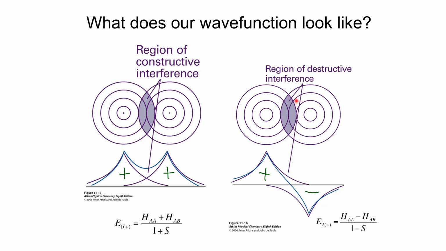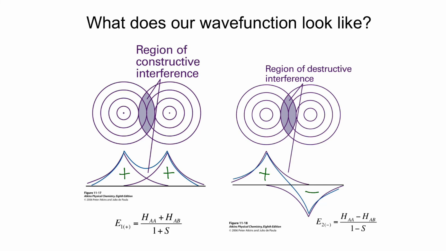So when we look in that region of overlap, right here between the two atoms, which is where our bonding happens, this is the internuclear region we're concerned with in terms of figuring out whether a bond is going to happen or not. There's destructive interference going on in that region.